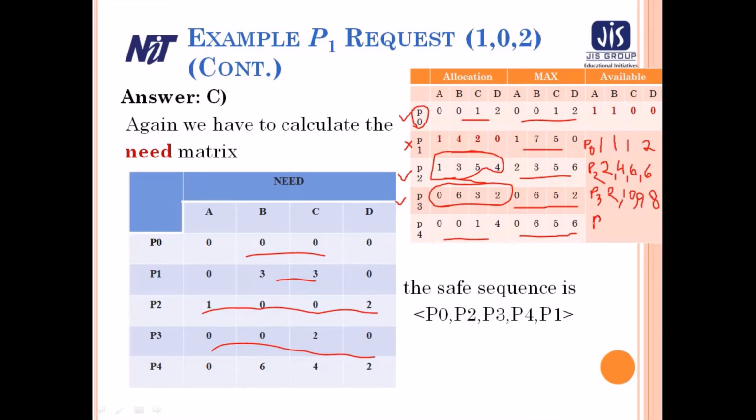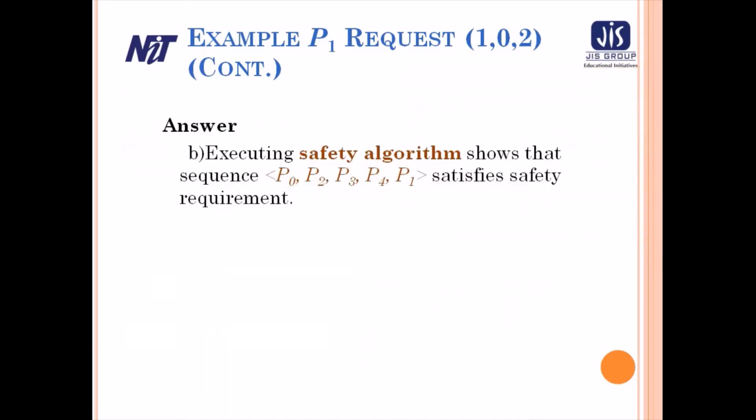After this, P4's need is 0642, so we can easily grant P4's request.